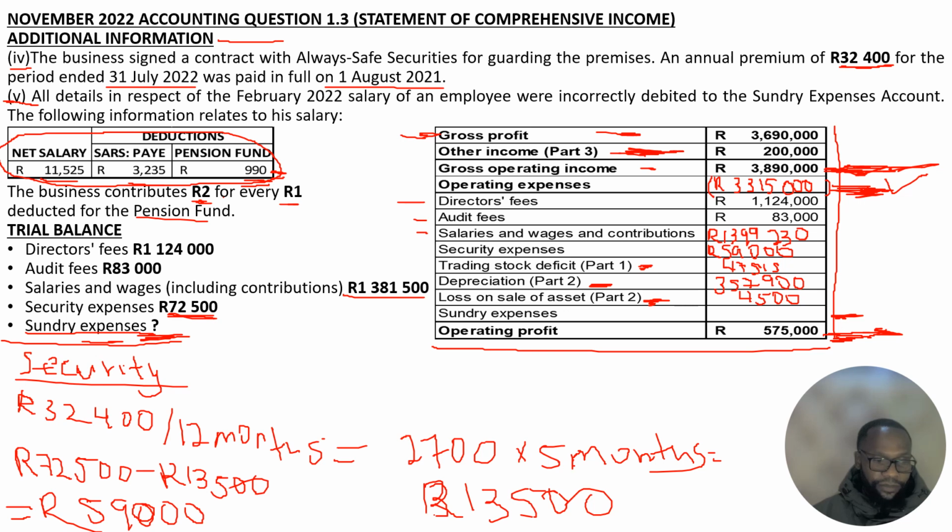We deduct depreciation we calculated of 357,900. We deduct the loss on sale of 4,500, and then we are left with 239,855. Our sundry expenses are 239,855.